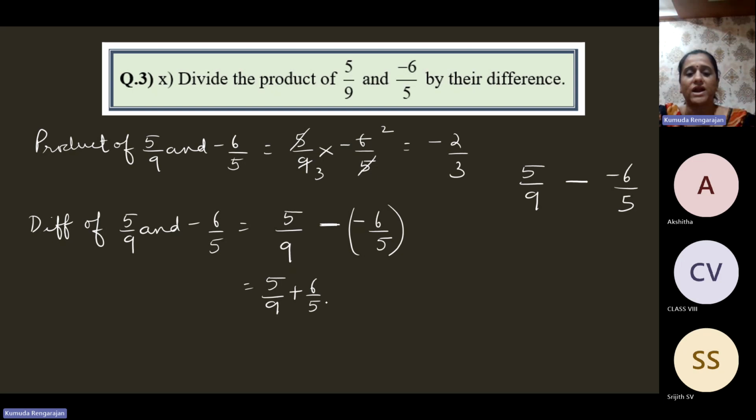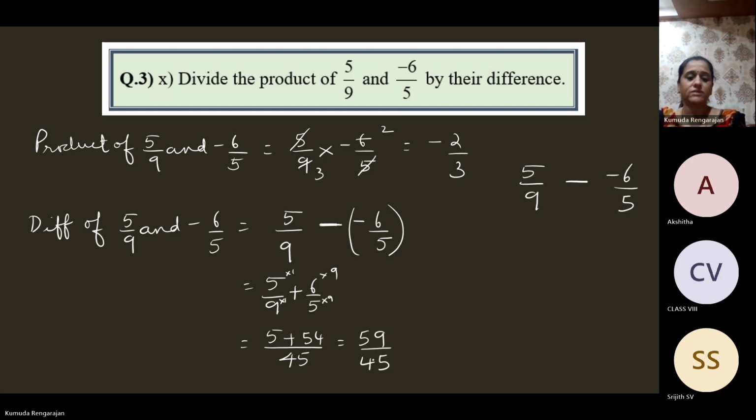Don't get confused that you're adding. Minus into minus is plus; we put a minus sign for difference. 45 is the LCM. Into 1 into 1, into 9 into 9. So 5 ones are 5 plus 6 nines are 54, which is 59 by 45. This is the difference.